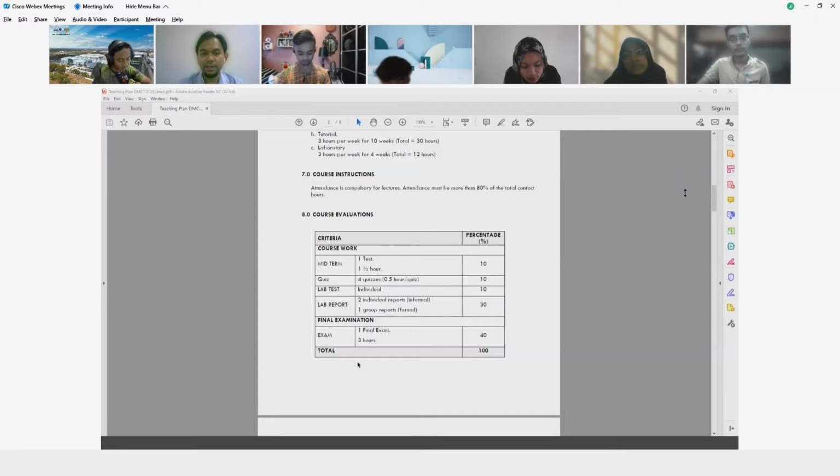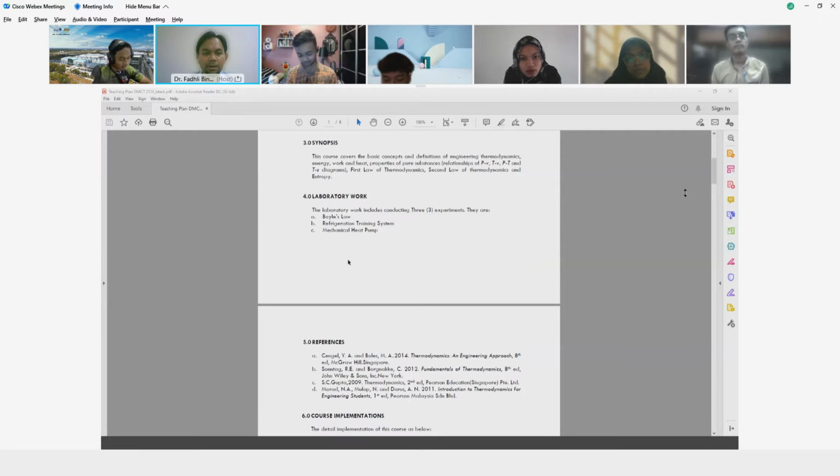As I said just now, for the laboratory work, they have 3 experiments. So Boyle's law, refrigeration system, and mechanical heat pump.